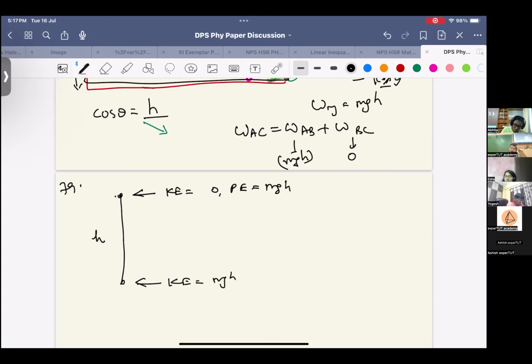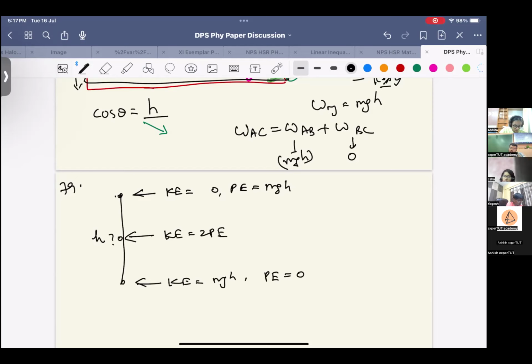Very good, mgh. And what is PE? 0. So therefore, at any point, KE plus PE is mgh. And they're saying at some point, question mark, the KE is 2 times its PE. Yes or no?